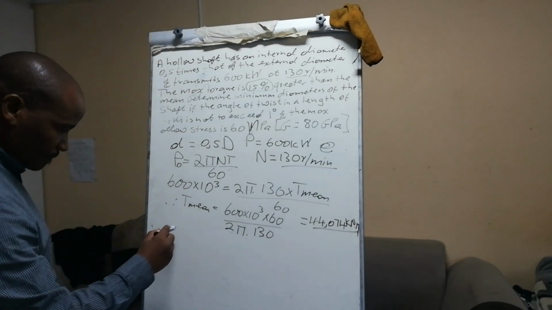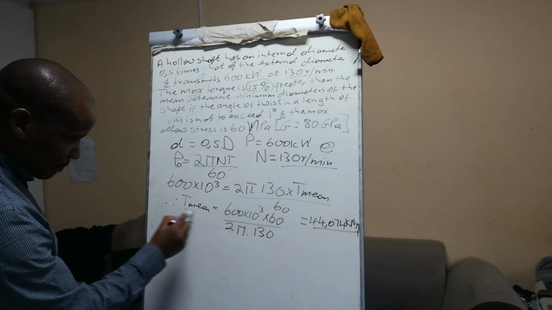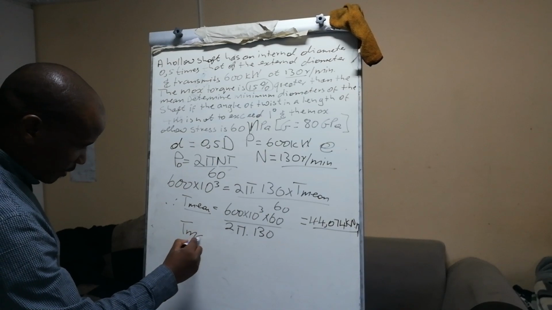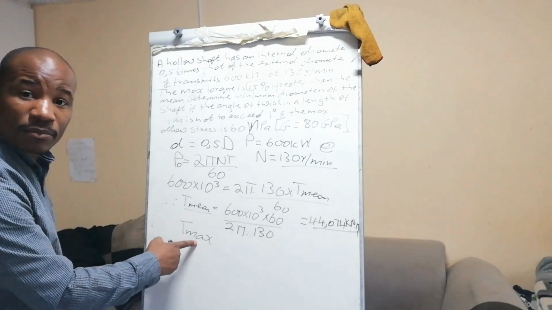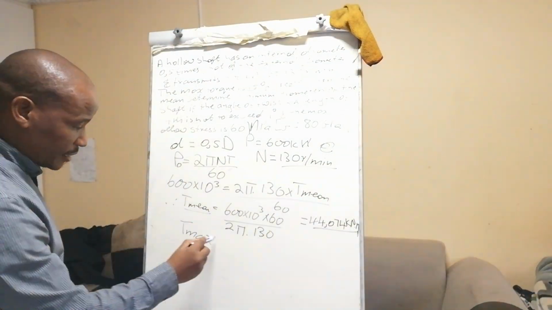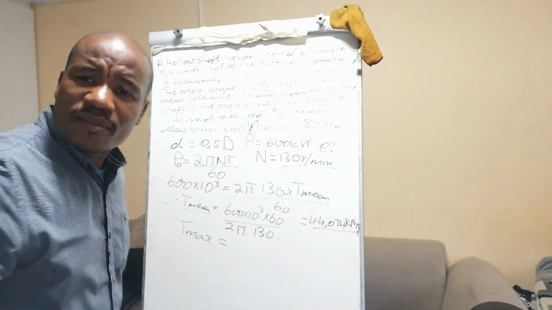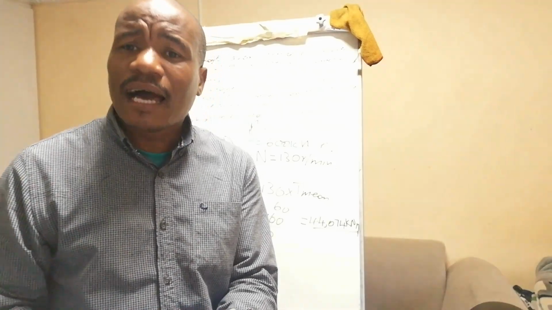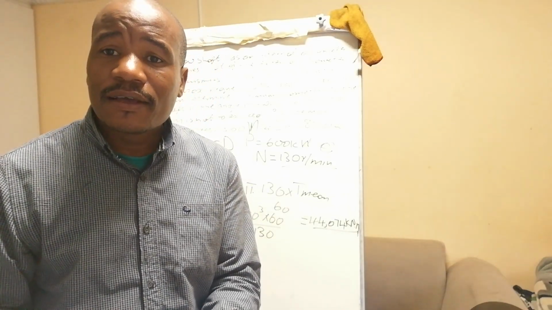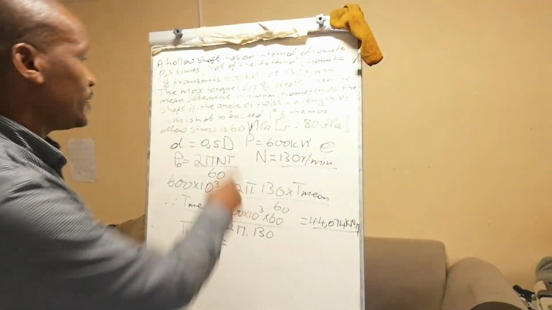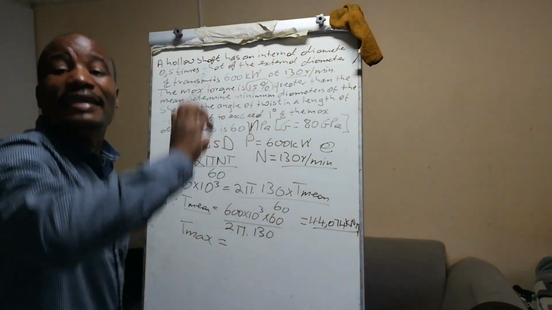What does that mean? It means this is the mean torque, and then this is the maximum torque, and it is equal to what? The percentage ends up at 100. So if it ends up at 100, it means 15 times greater.